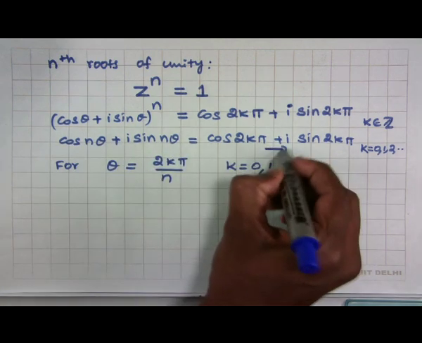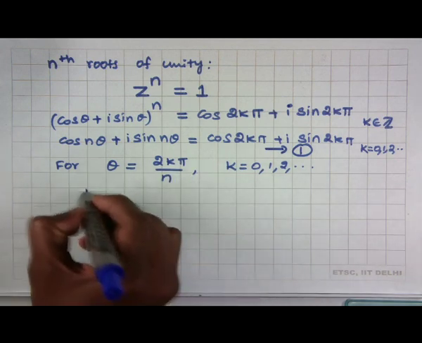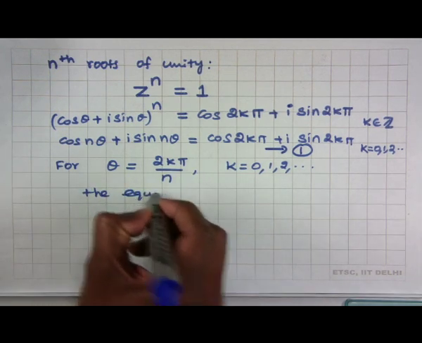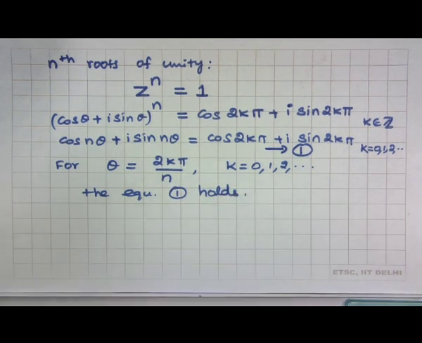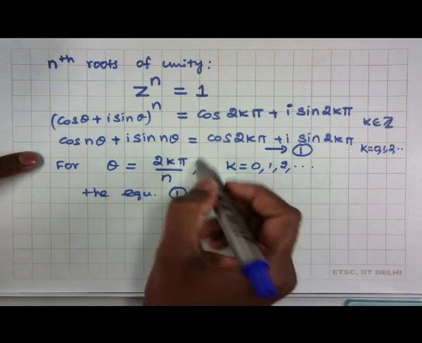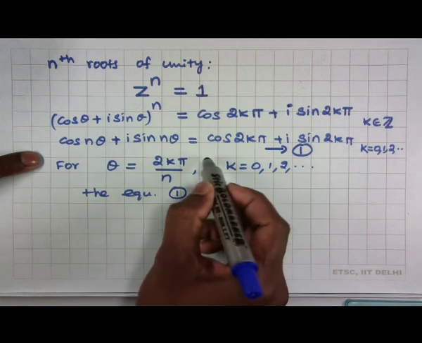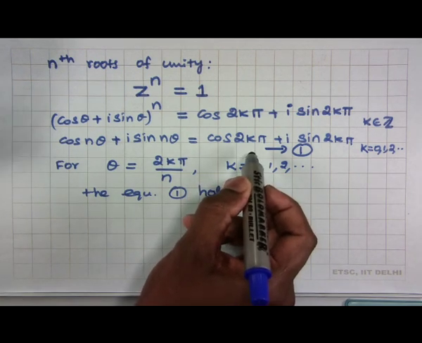Let us call it equation 1. For theta, equation 1 holds. Now, this particular equation tells us these are the only possible values which can satisfy this equation. So, that is the first observation we make.